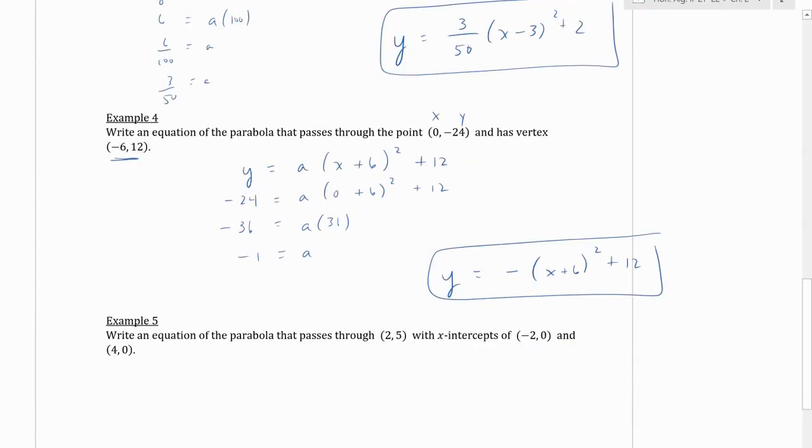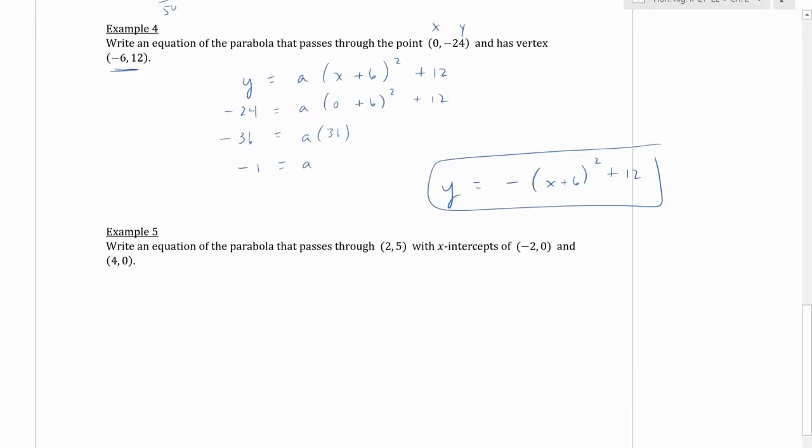Got that one. And then just so we do one in a different form. If we had x-intercepts at -2 and 4, and it has to go through the point (2, 5).